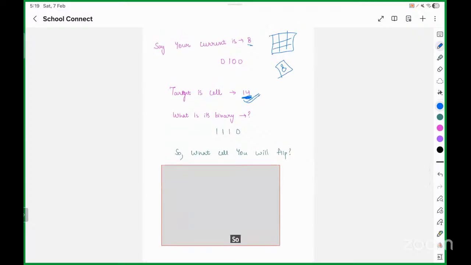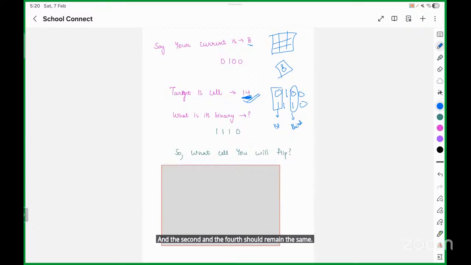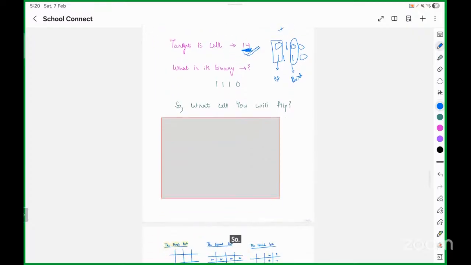So in particular, if you see your current cell is 8 and you want to target 14, so you have to change the first bit, second bit is same, and you have to change the third bit. So the first and the third bit need to change, and the second and the fourth should remain same. So which cell will you flip?